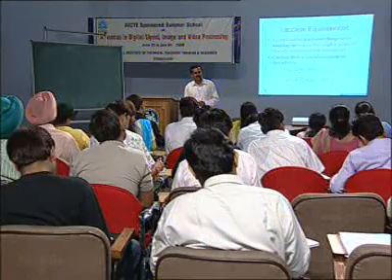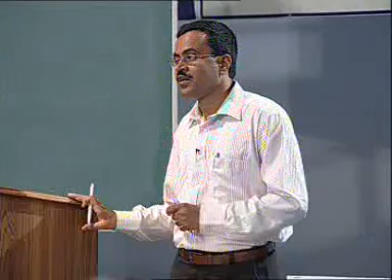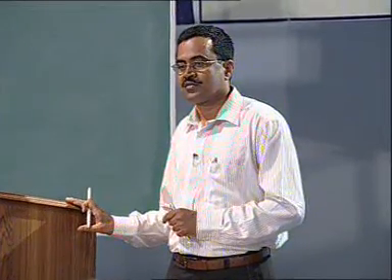To implement a fractional change, so far I have restricted my discussion to sampling rate conversion or alteration by an integer factor, but here we can extend the same idea to fractional factors.